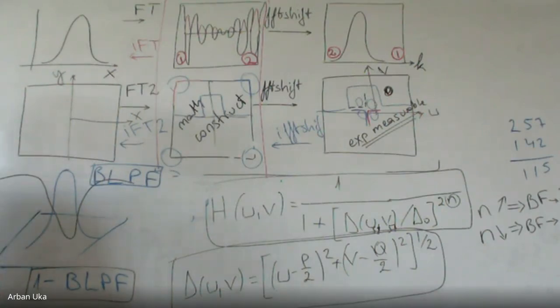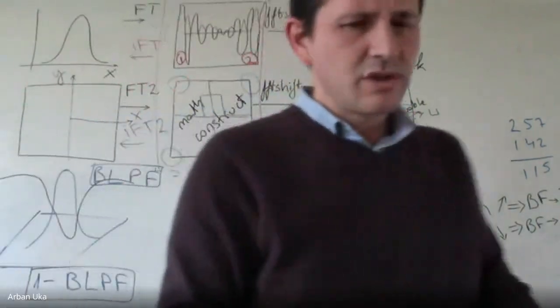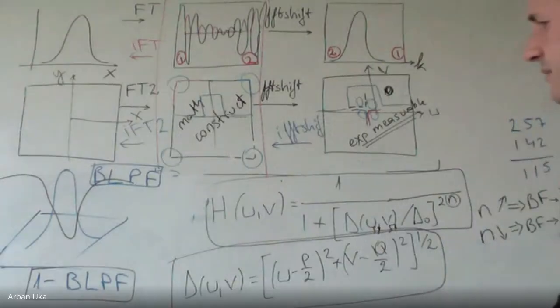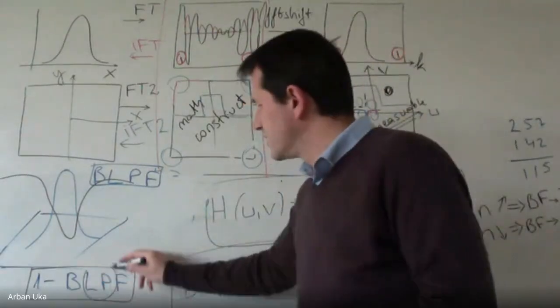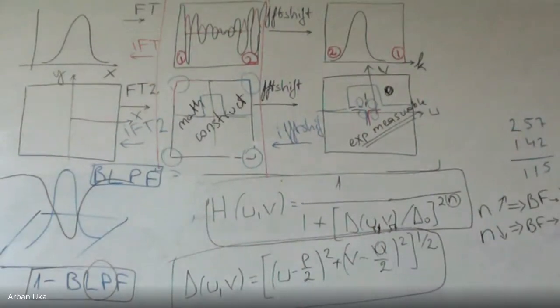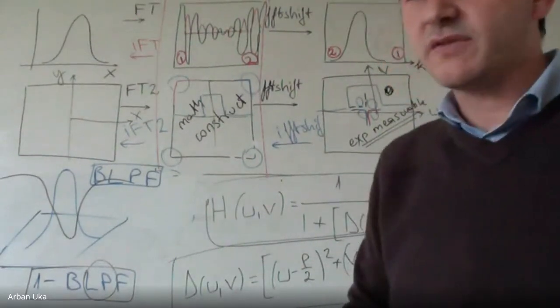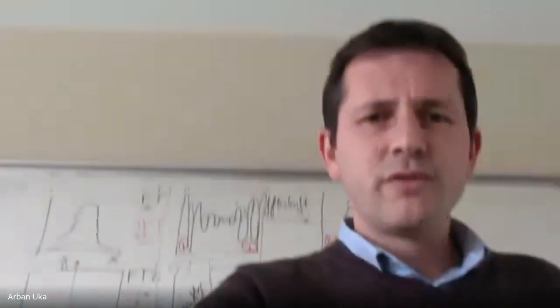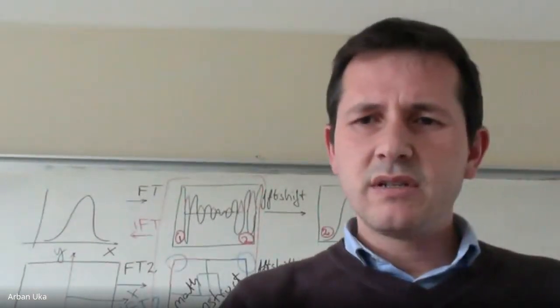And these high-frequency terms we can use to enhance the image that was originally in the real domain. So again, for low-pass filters, it's easy to get the high-pass ones just by taking 1 minus the low-pass filter. Okay, so this will be all for today, and see you in the next session.